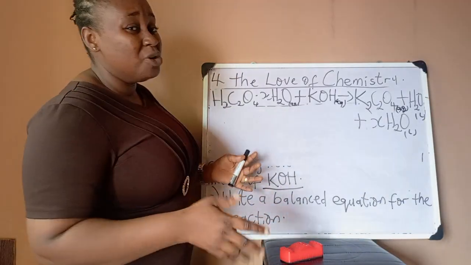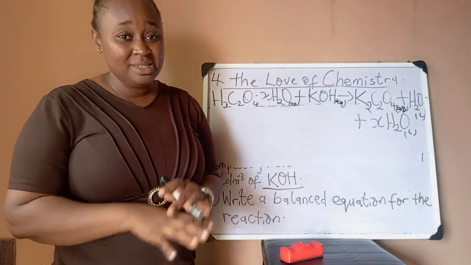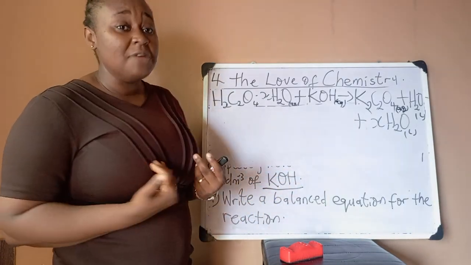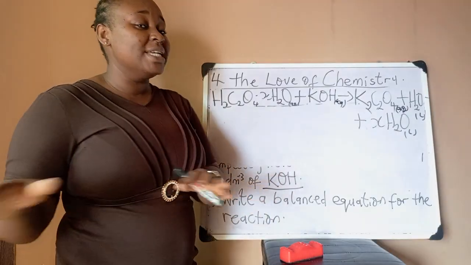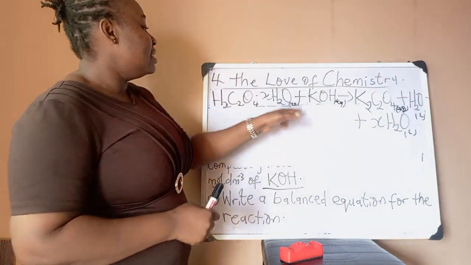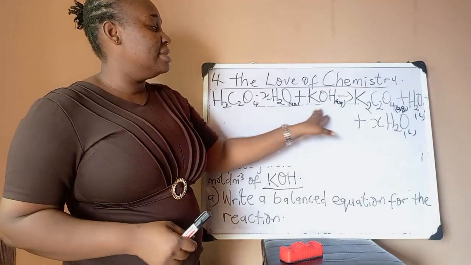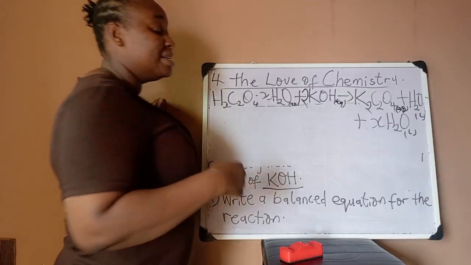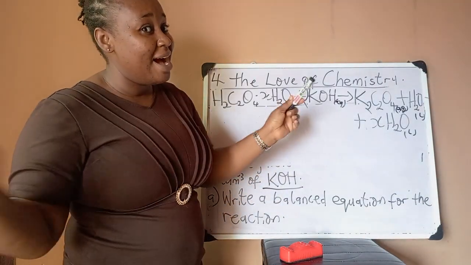You know, balancing of equations is actually by trial and error. There is no particular method, but you do what works for you most. And for me, I like evening out because odd numbers will take you where you don't know. So seeing that this particular place has an odd number, I just want to put 2 to make it even. It's still by trial and error.